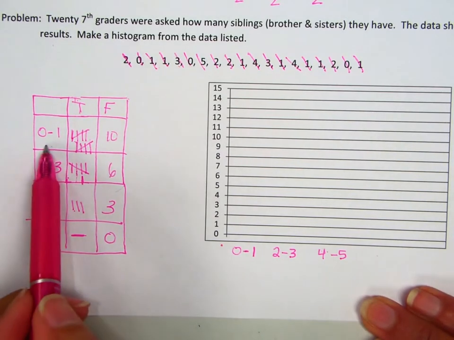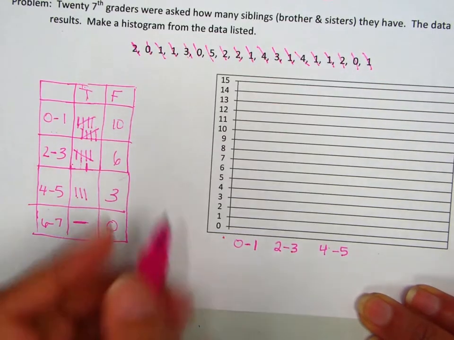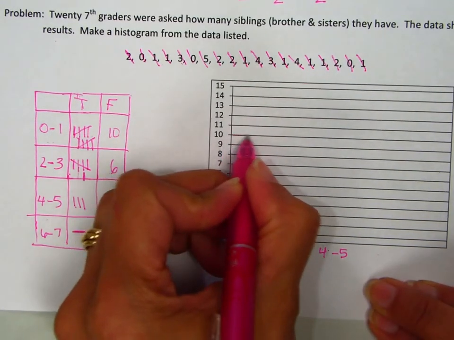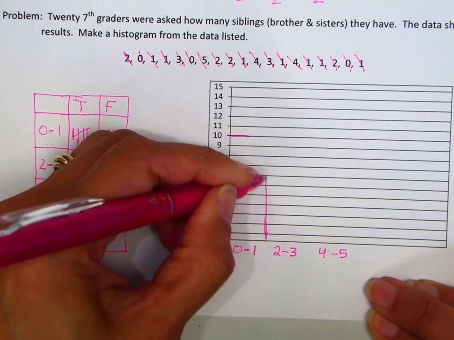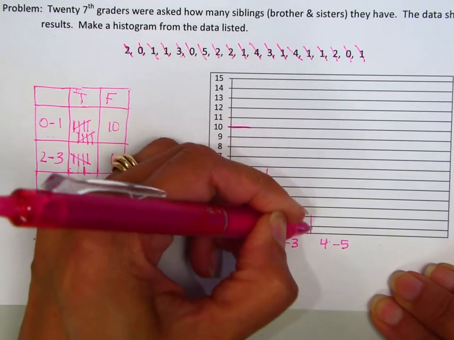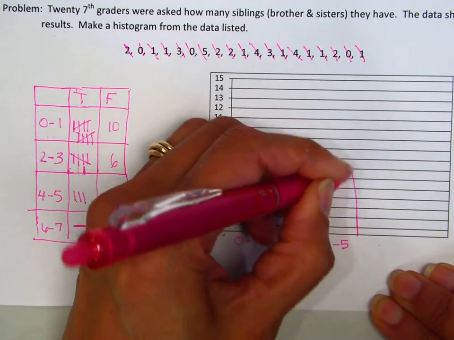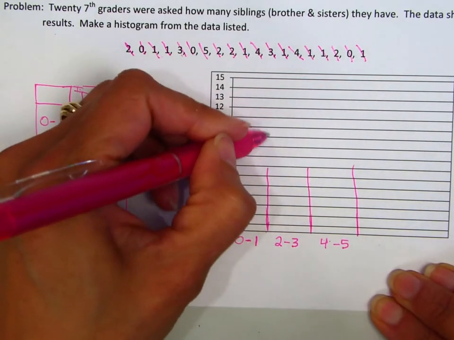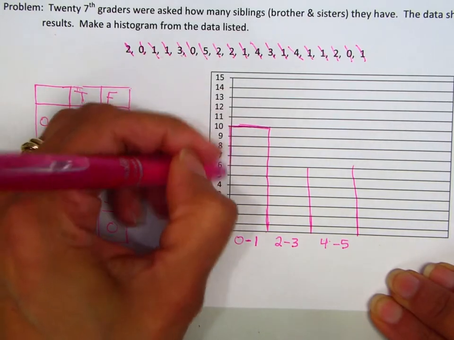I see for 0 to 1, I have 10 numbers that go from 0 to 1. So I go up to 10. And the easiest thing to do is to make even divisions right now, so all the bars are the same width. Pretty close. This one goes up to 10 for 0 to 1.